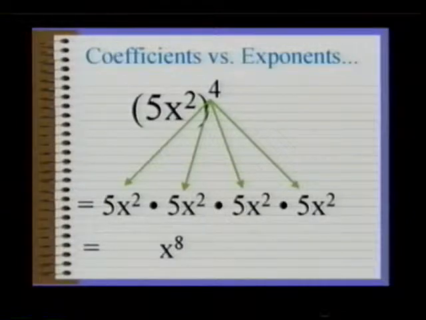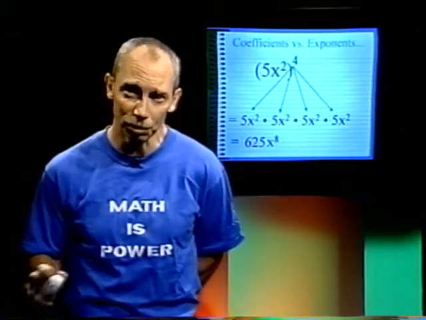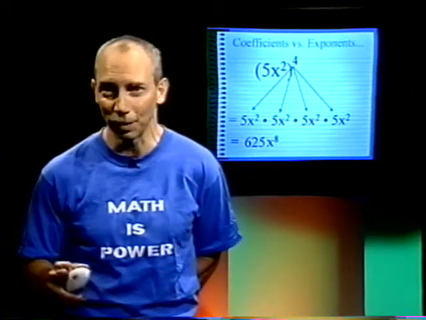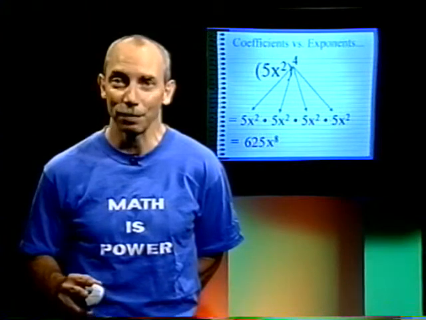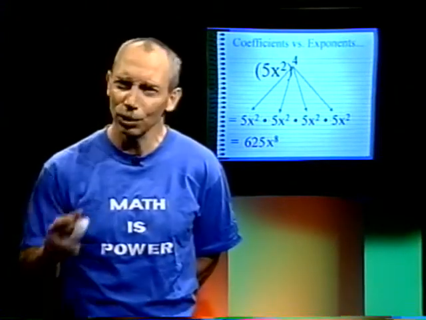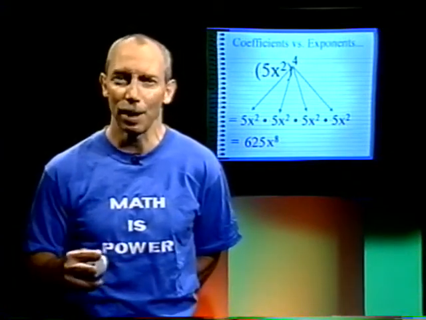It's x to the 2 times 4, or x to the 8th. But the 5 part of it, we're not going to see a 20 here, because 5 is not an exponent, as you can see. 5 is what we would call a coefficient, or a number, a non-exponent, if you would. So it doesn't follow the rules of exponents. It follows the rules of numbers. And 625 is 5 times 5 times 5 times 5, 4 times. Okay? So only use the rules when it's appropriate, and that's only when you're talking about exponents.